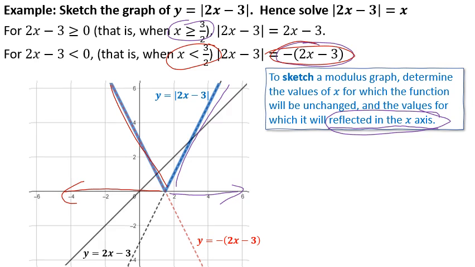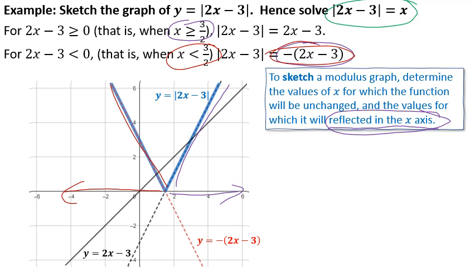Now the next bit of the question asks about solving an equation, hence solve mod 2x minus 3 equals x. So I've drawn on our graph the line y equals x. You remember, if you were trying to solve an equation that looks something like this, a good approach is to ask ourselves, where does the graph of y equals the left-hand side cross the graph of y equals the right-hand side?